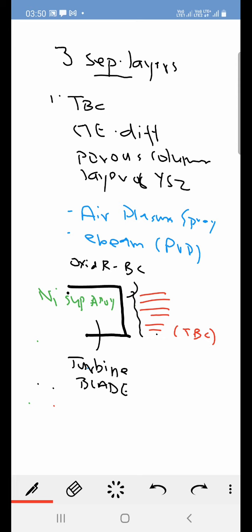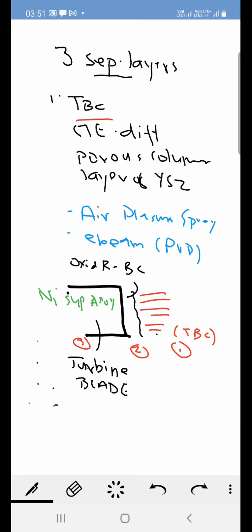The first is the TBC. If you look in the opposite way, this is your TBC first, second is your bond coat, and third is your turbine blade. So there are three layers, which make the total system.